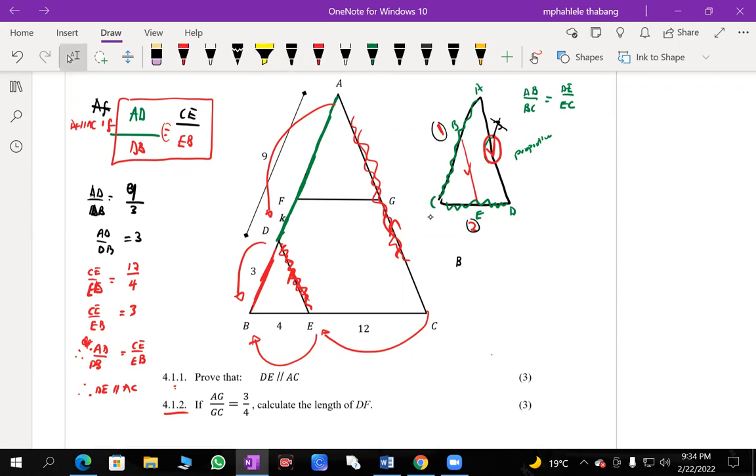It gave us 1 over 3. You said BE over EC, which is 1 over 3, and BD over DA.